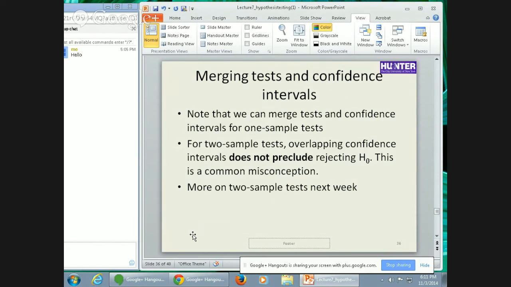There's one common misconception about this, though, which is when you do 2 sample tests, if you calculate a confidence interval for each one of those samples, the fact that they overlap does not mean that you are not going to reject your null hypothesis. So for them to be equivalent, you need a single confidence interval compared to a point value for the population.